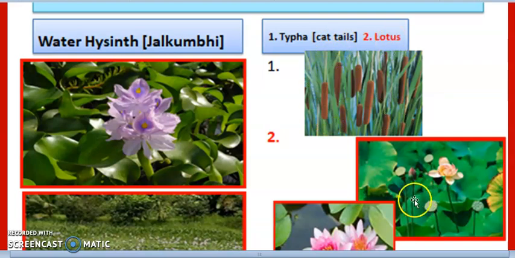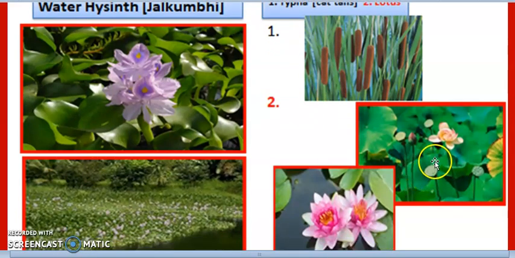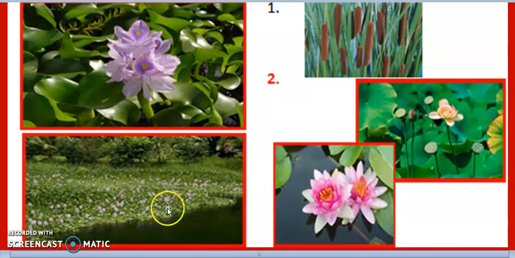Then in the second image we see the lotus, which occurs in muddy soil or where there is more water, in ponds where water is stored. In ponds and lakes we see the lotus. Sometimes it is also grown as an ornamental plant.